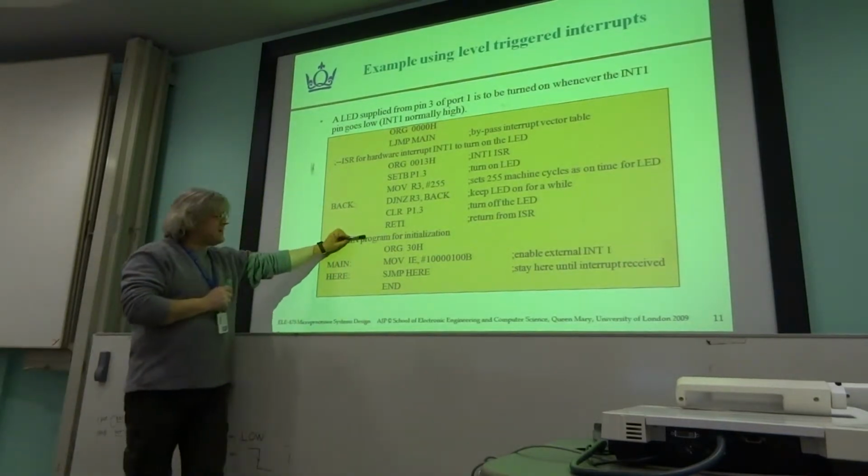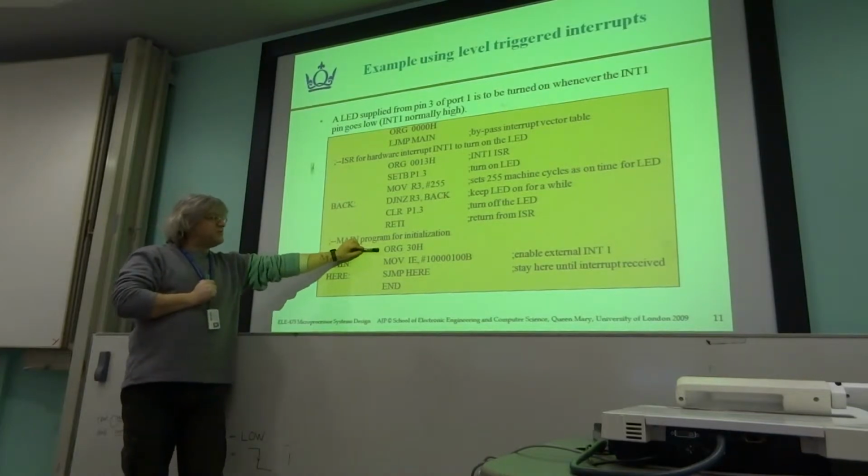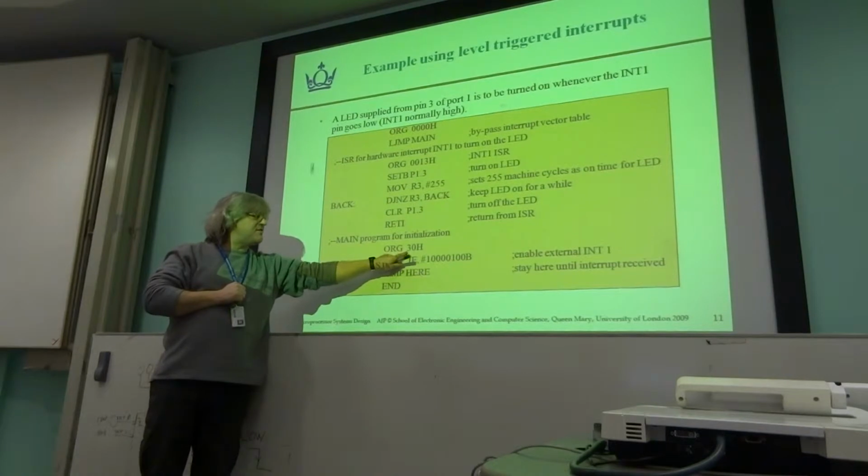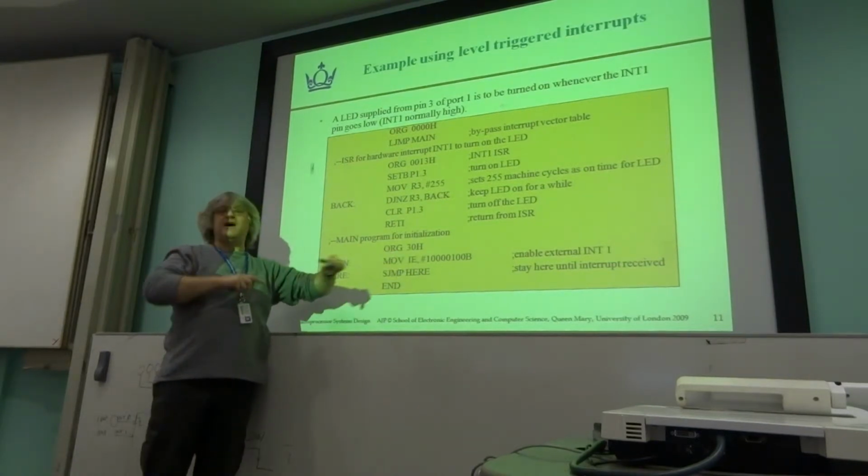In the main program, we've started the main program address way beyond, we hope, where the interrupt service routine finishes. So it's starting at location 0030, which is a bit higher up in the memory.